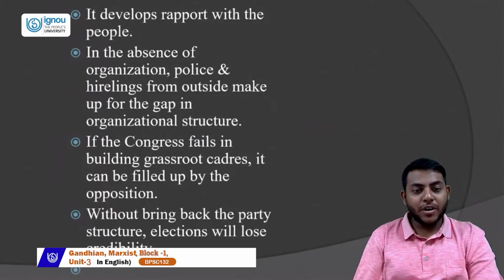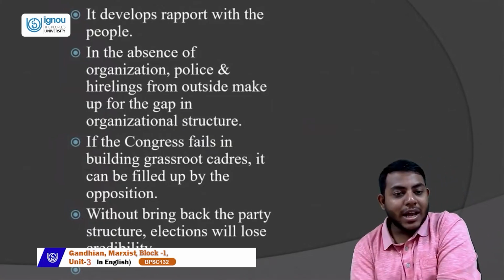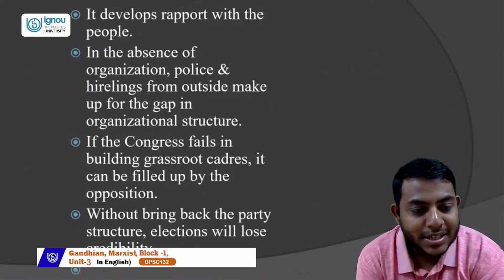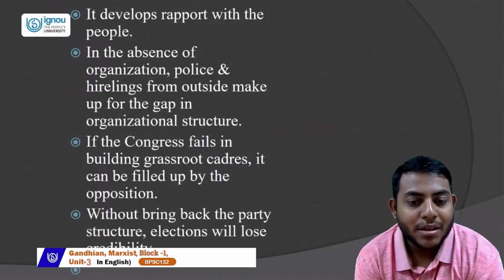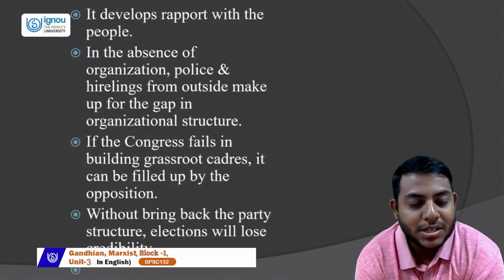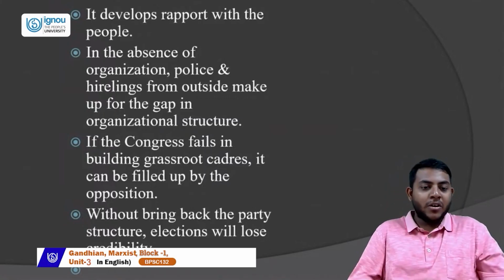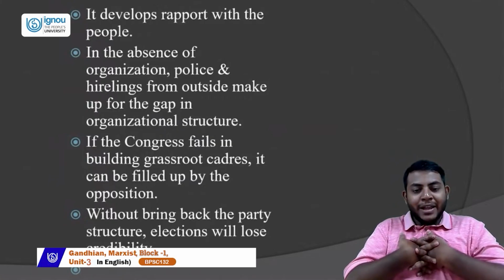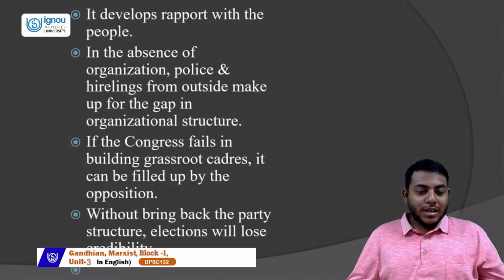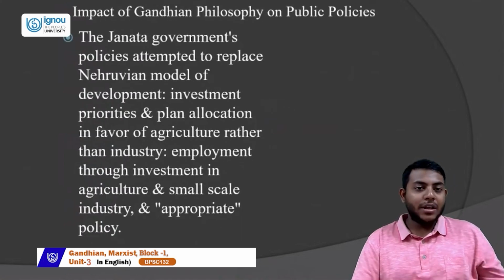In the absence of organization, police and hirelings from outside make up for the gap in the organizational structure. According to Rajni Kothari, if the Congress fails in building grassroots cadres, the space can be filled up by the opposition. Without bringing back the party structure, elections will lose credibility.